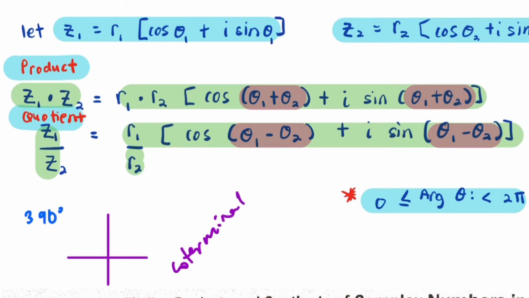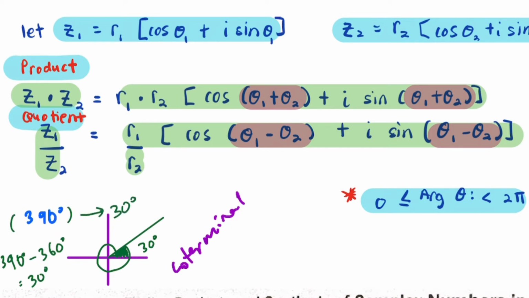For 390 degrees, you open up one cycle and find the reference angle. This is equal to 30 degrees, because you just take a calculator and subtract 360 degrees to find the coterminal angle.